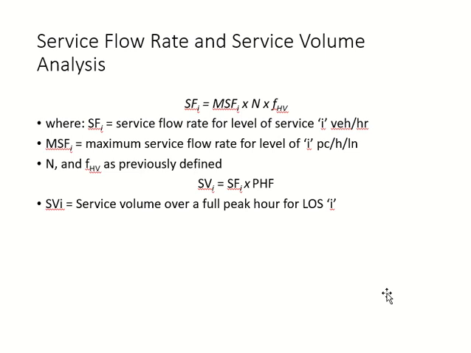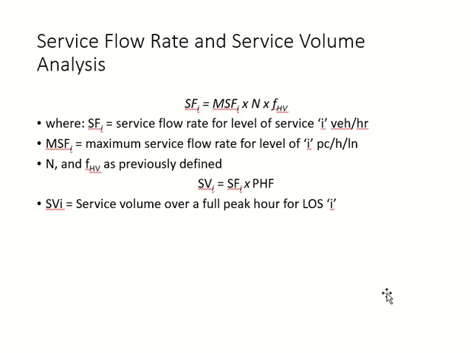SF is in the existing conditions. They call it prevailing conditions. It is mentioned in the slide somewhere else. So SF means the normal, actual, prevailing conditions, and MSF is for the ideal conditions. In both cases i should be the same. If MSF is for level of service B, then SF will also be calculated for B. Clear? Okay.